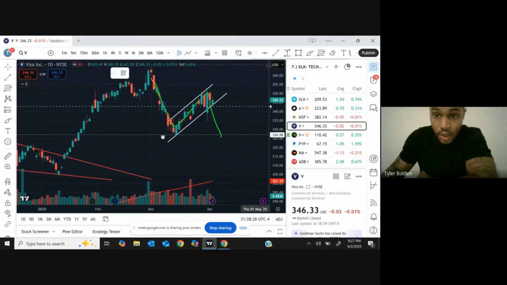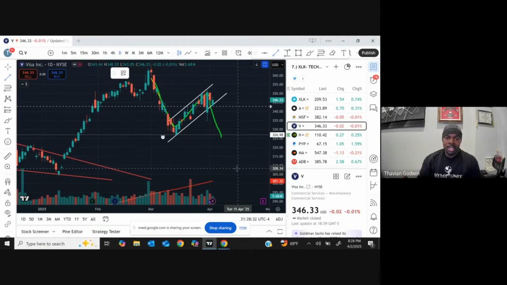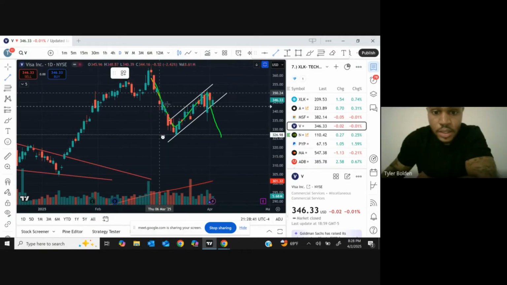Because it hit 326 again and went back up, that's a confirmed double bottom. So let's say next week it comes down, 330, 335, all the way down to 326.